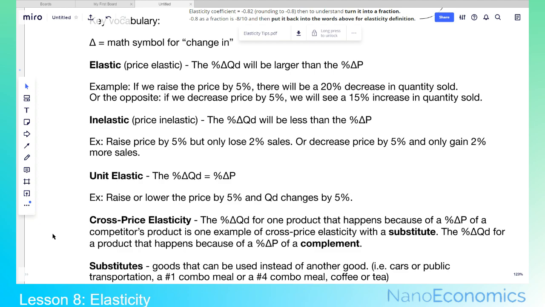So I buy 4 packages. In other words, I've increased my quantity demanded by 400%, and the price has only decreased by 50%. So we're actually increasing quantity demanded by more than the price change.